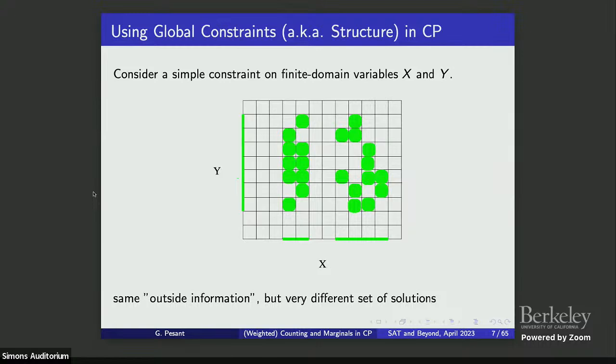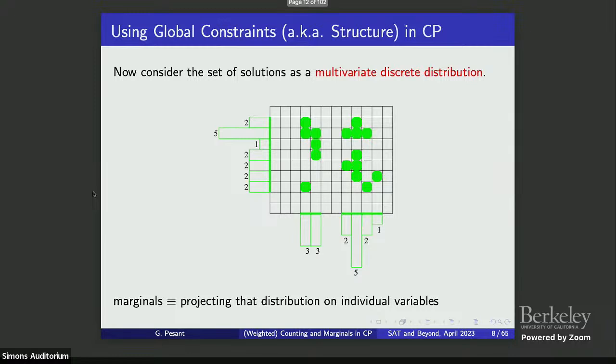Okay, well, what if we worked a little bit harder and computed the frequency counts over the values? Okay, so now these are the supported values, but this occurs 3 times in 3 solutions, this in 3, 2. So you get a discrete distribution over the domain.